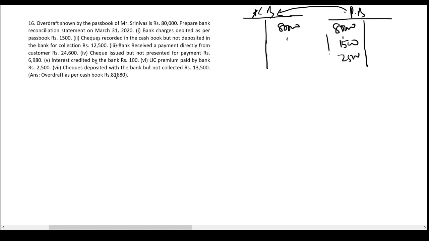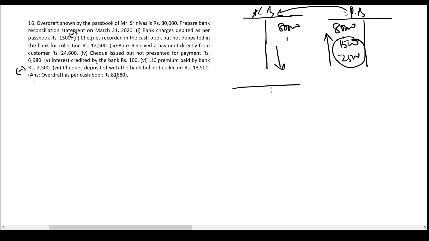So now what will happen? This balance will increase. This balance will be lower. So what should I do to the passbook to make it equal to cash book? I have to reduce these two items. So this bank charges, direct payment and LIC premium based on standing instruction, this is also a payment. So hence treatment will be same.